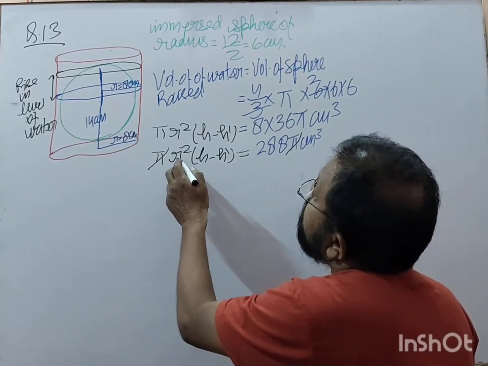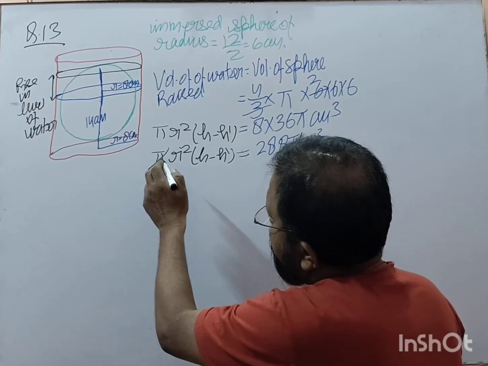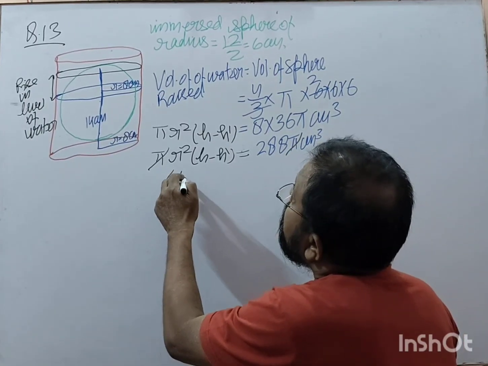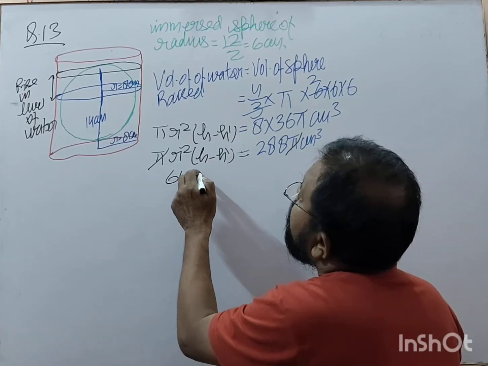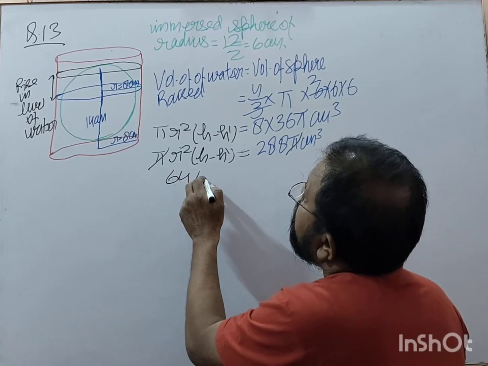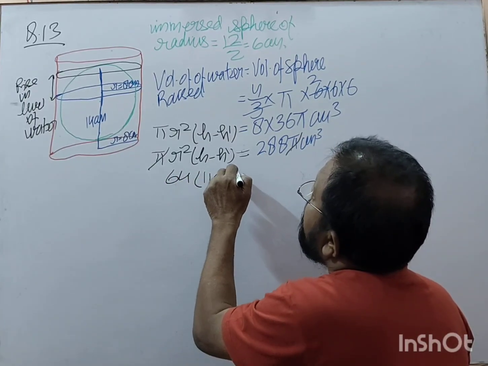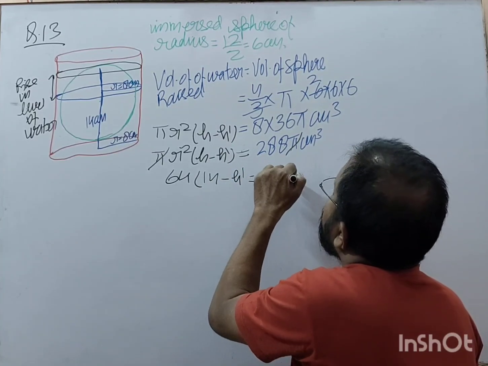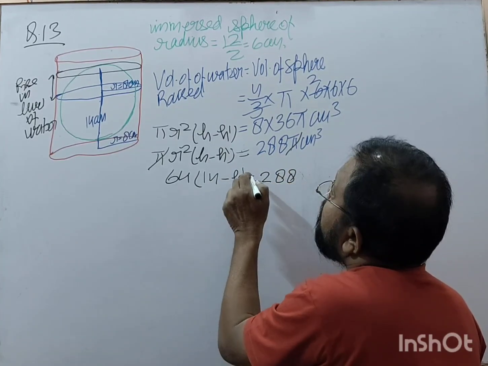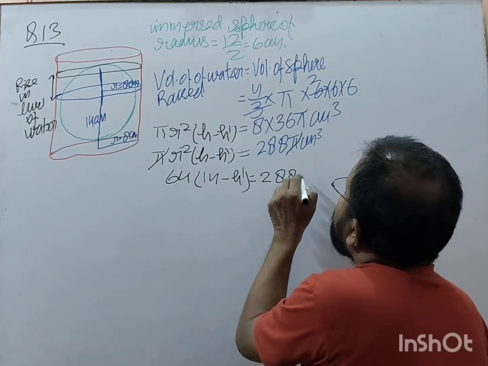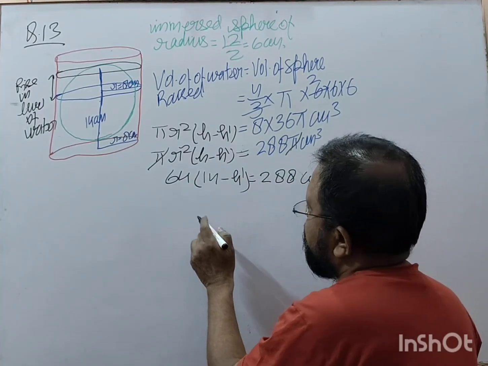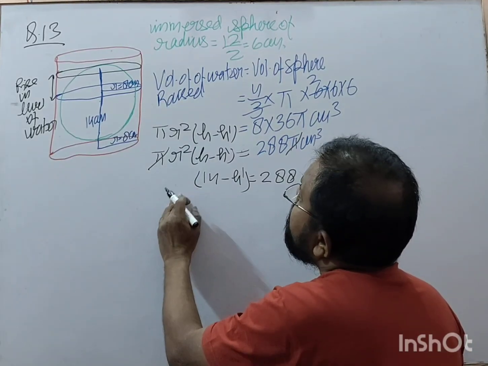The radius is how much? 8, right? 64 into height, 14 minus h dash, is equal to 288 centimeter.